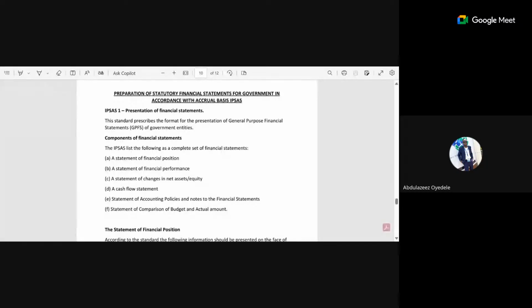Now, the only difference in preparing this statement of financial position, which is the government's own, compared to the way you have known that you prepare it in FR, is in the presentation. In the order with which you present them. In the private sector, the way you prepare it in FR is that you get your total assets, and then you get your total equity and liabilities.